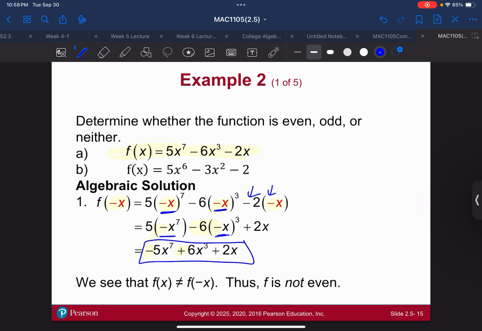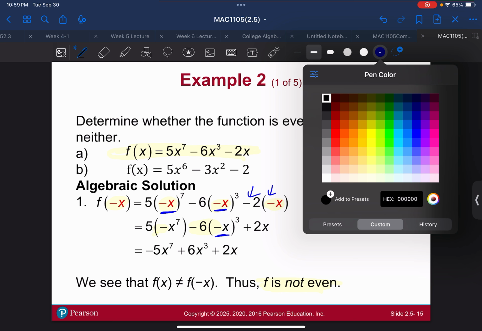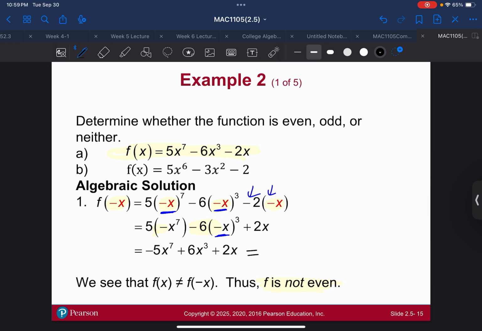And so this is not exactly the same as the original. So we see that it's not even. And on the next slide, it's going to say that it's odd, but from here we can see that it's odd because this answer down here, I'll erase this to get it out of the way, is the same thing as negative.